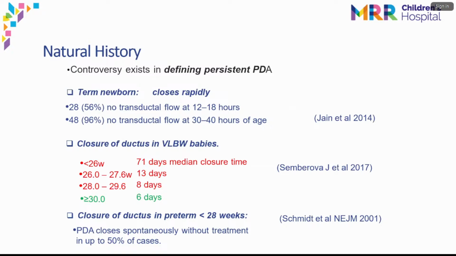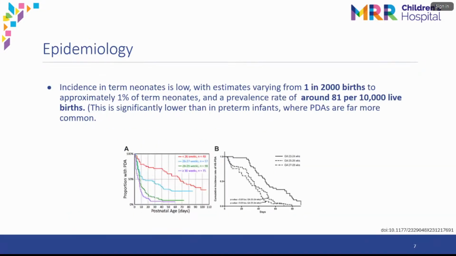Whereas closure of the ductus in VLBW babies varies. Even in preterm infants less than 28 weeks, in 50% of cases the PDA closes spontaneously without treatment. Incidence in term neonates is low, with estimates varying from 1 in 2,000 births to approximately 1% of term neonates, and a prevalence rate of around 81 per 10,000 live births.